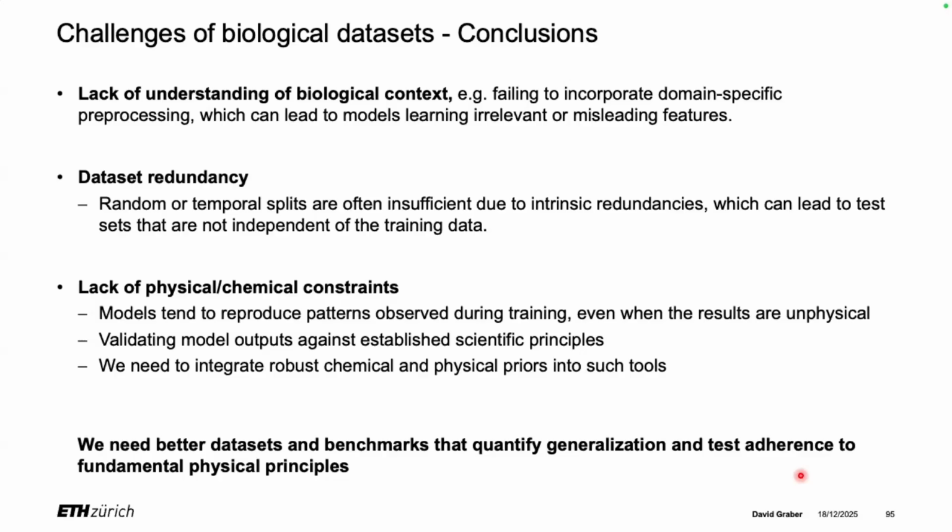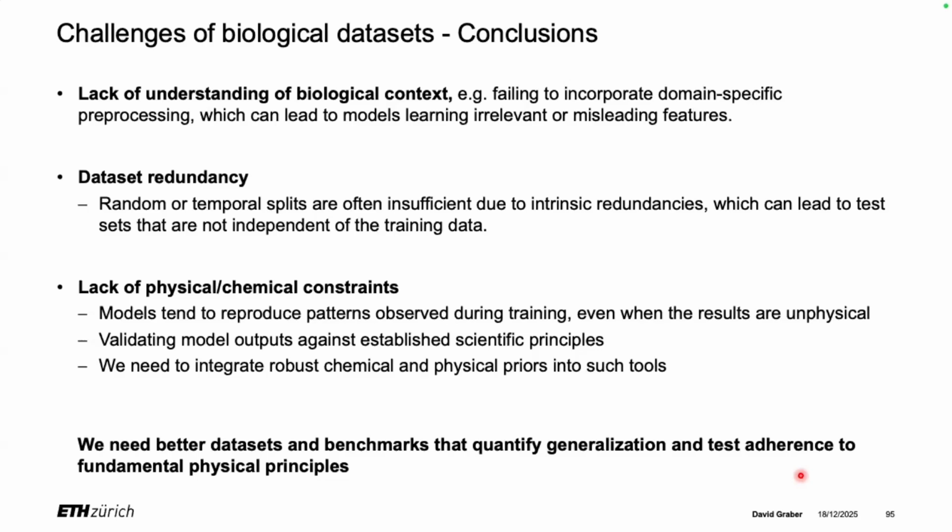And then there's also a lack of physical or chemical constraints in these models. So the models tend to reproduce patterns that they observe during training, even when the results are unphysical. So we should more often validate model outputs against established scientific principles.